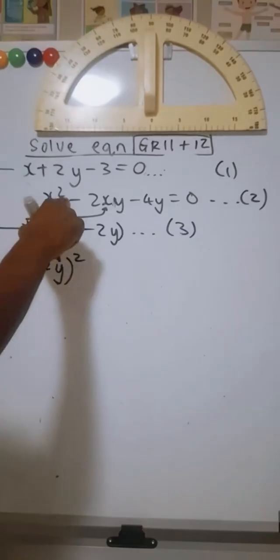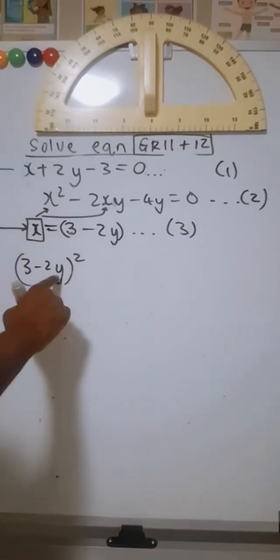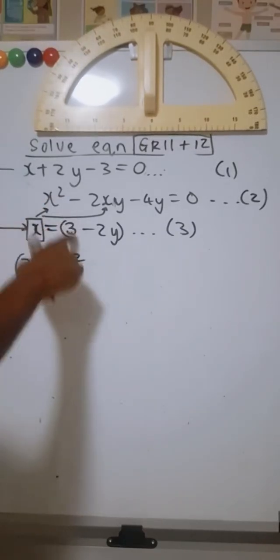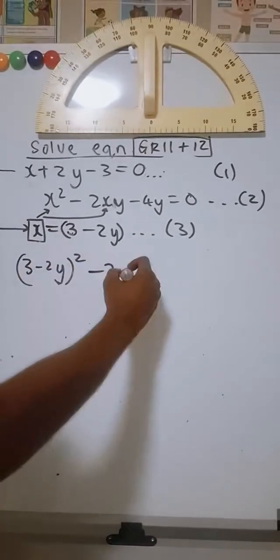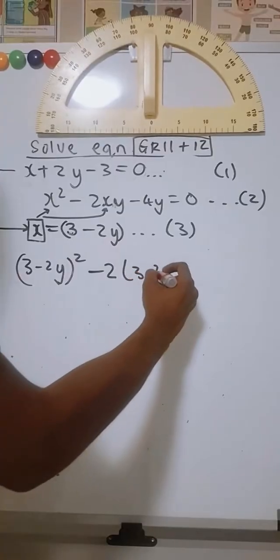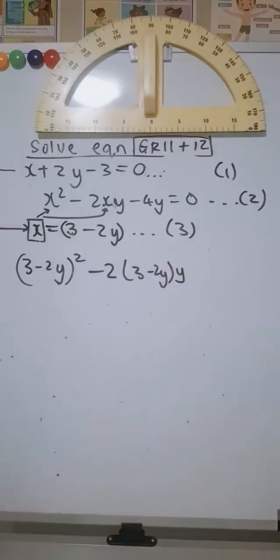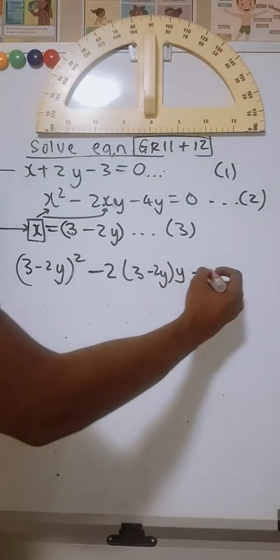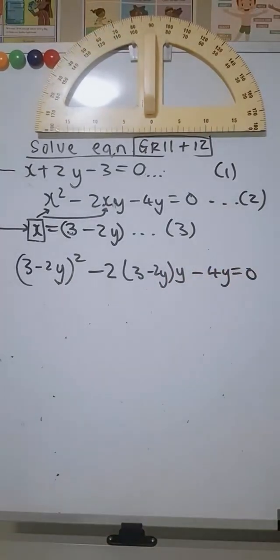So that x followed by an exponent, this would be where the x would be. We are substituting it in brackets, the exponent 2, where x is 3 minus 2y, followed by y, minus 4y is equal to 0.